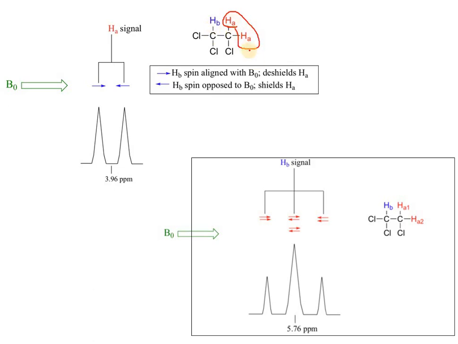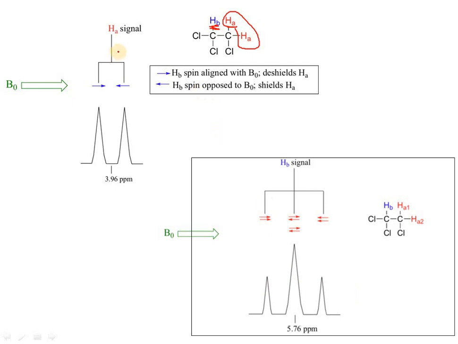These protons will give a doublet, meaning 2 signals, 2 lines. Now this hydrogen has 2 neighboring protons, so 2 plus 1 is 3. So this will give 3 lines, 3 peaks.